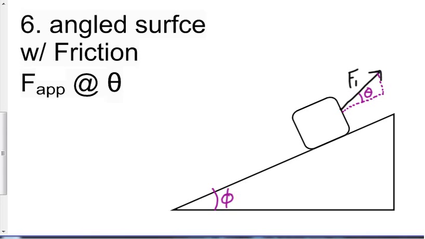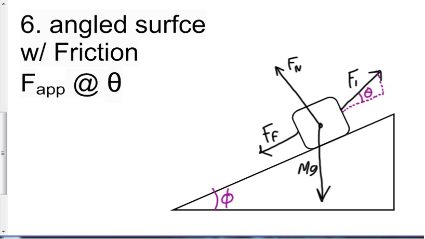Two different angles now. I have friction, so if I'm pulling the box up the ramp, my friction will be acting down the ramp. So friction is going to be acting this way, force of friction. My weight is acting down, mg. My normal force is acting up like this, Fn. I'm going to take my mg and break it up into components.